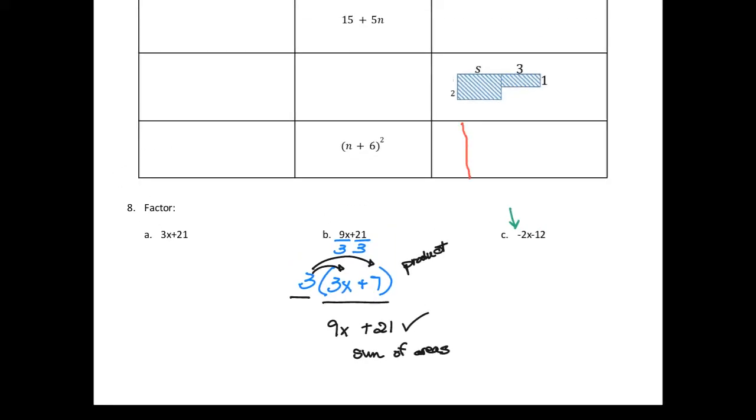I'm surprised you guys didn't ask about this one. This one's a little complicated. So n plus 6 times n plus 6 is going to give you n squared. This is going to be 6n. This is going to be 6n. And this is 6 times 6, which is 36.